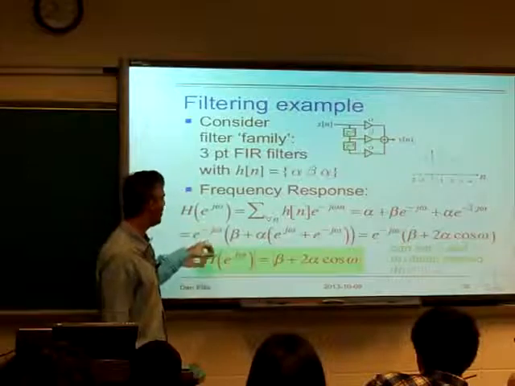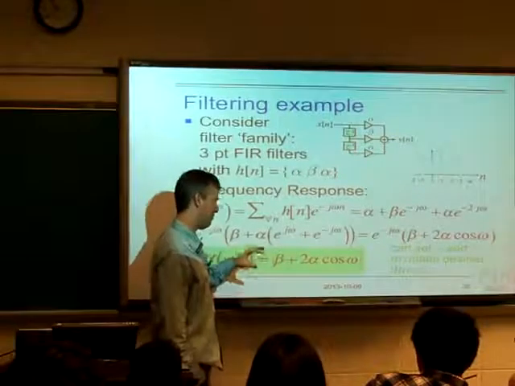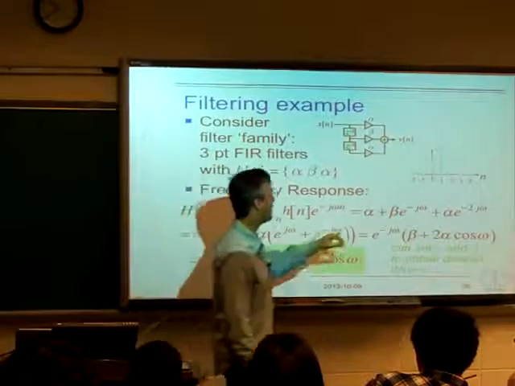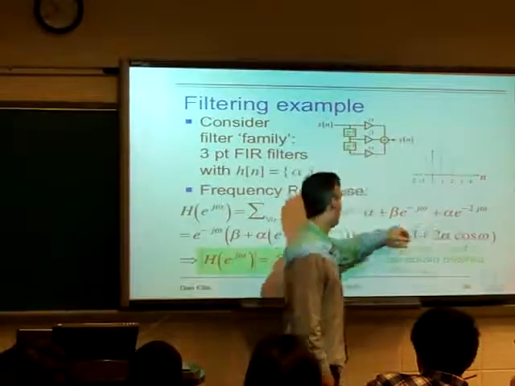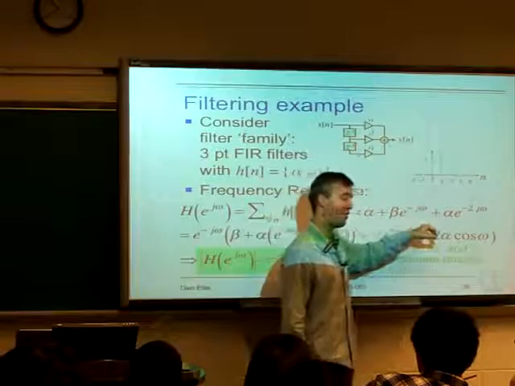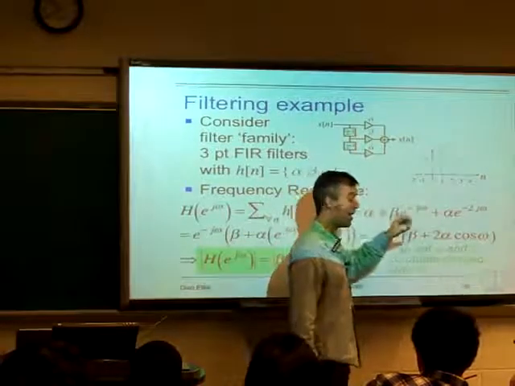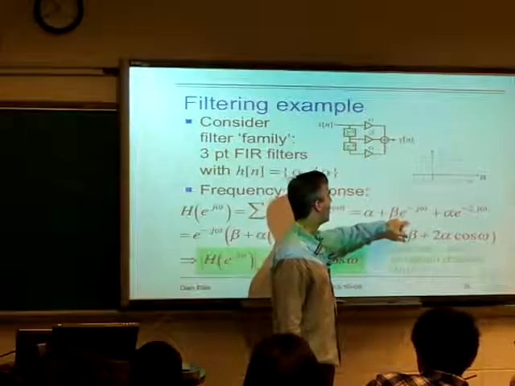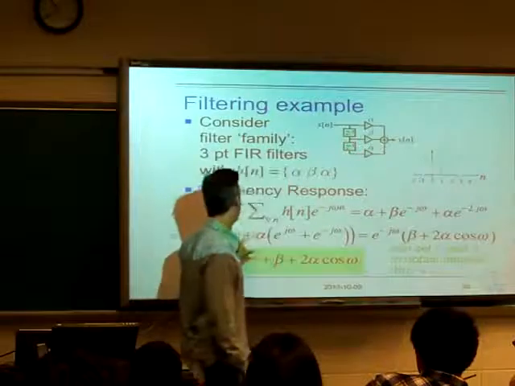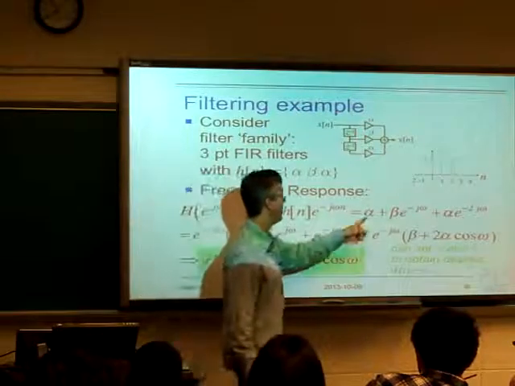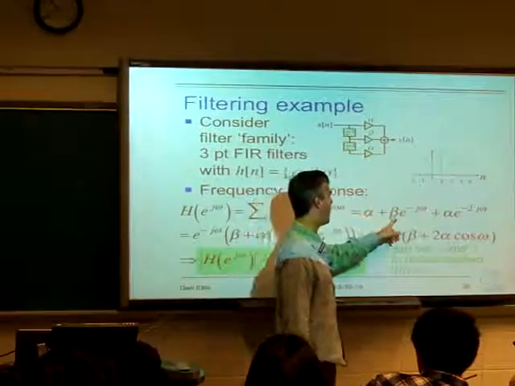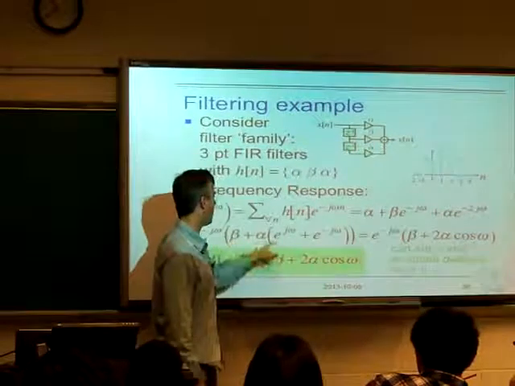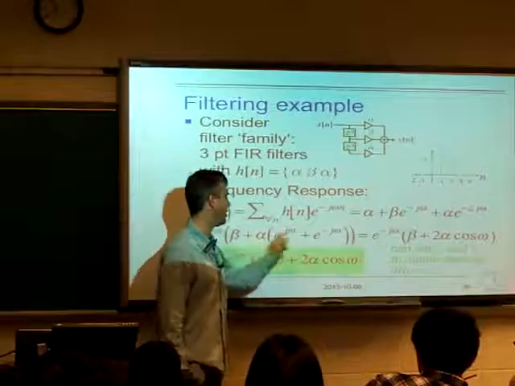We can rearrange this so that we can separate out the magnitude and phase terms, right? In the Z transform, this would have been a second-order polynomial in z. In the e to the j omega formulation, this is a second-order polynomial in e to the j omega. So if we divide out e to the j omega, we're left with alpha times e to the plus j omega plus beta plus alpha e to the minus j omega, which we can rearrange as beta plus alpha times these 2 e to the j omegas.